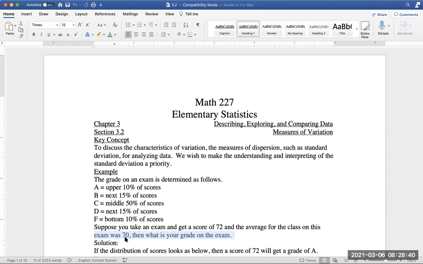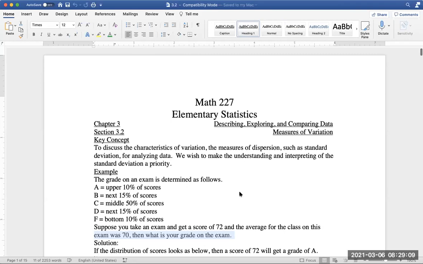And the class average was a 70. Anyone? Okay, no one's volunteering. Anyone want to volunteer a guess? What do you think?